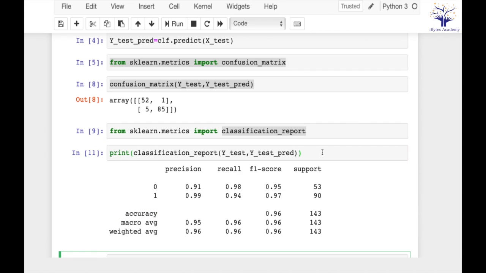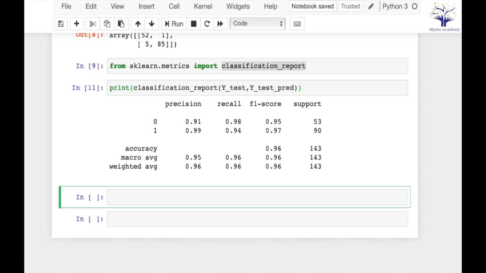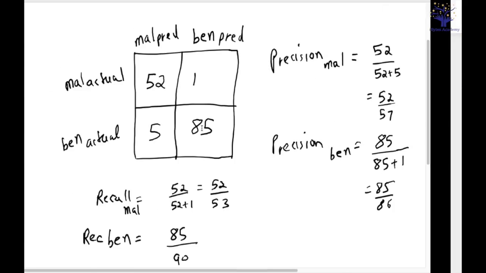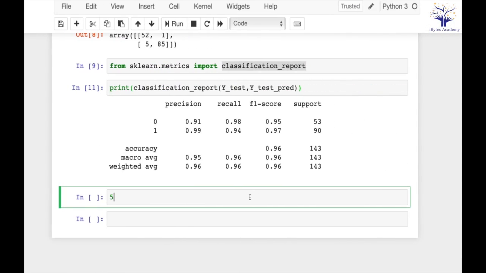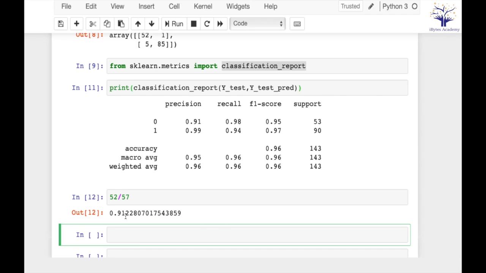Printing it would show me the values in a bit more readable format. So precision for class malignant comes out to be 0.91, right? We calculated that precision for malignant was 52 by 57. If I see 52 by 57, that comes out to be 0.91, which is shown over here.